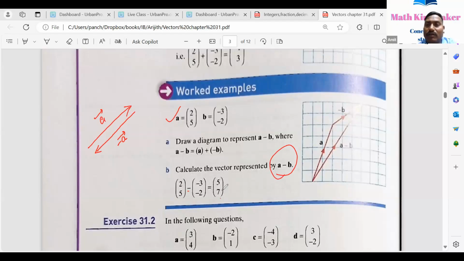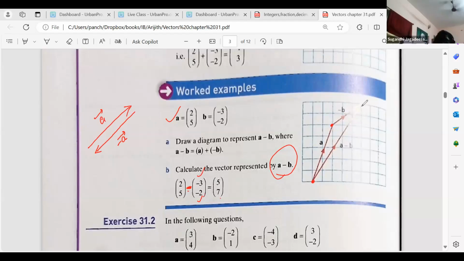So first we will do the 2, 5. It is this vector, 2, 5. And then -3, -2, or we can say +3, +2, because if we take the negative sign inside, it becomes positive. So it becomes 3, 2.